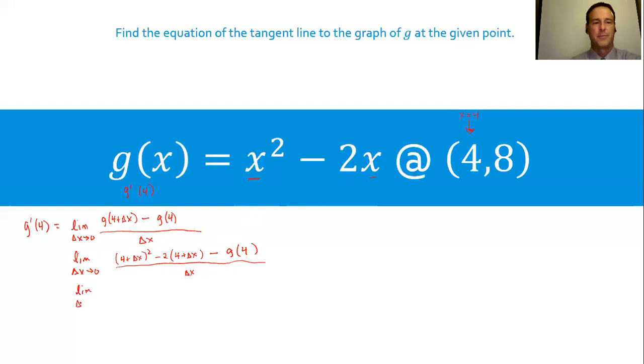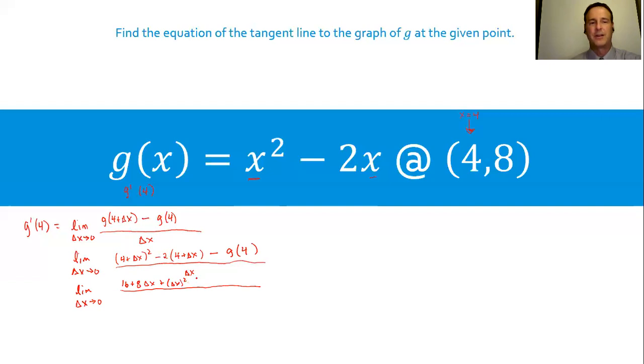All right, so 4 plus delta x gets inputted in the top, and we are now squaring it. So this becomes 16 plus 8 delta x plus delta x squared. Let us make this a plus -2 and distribute that through.